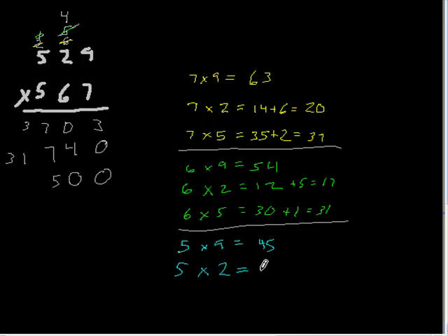Now 2 times 5 equals 10. But I've got to add the 4 that I carried over. Which equals 14. So I'll put my 4 down. I'm going to clean this up a little bit here. I'm going to delete the 3 and rewrite it. So my last answer, I got 14. I placed my 4 down, and I've got to carry my 1.